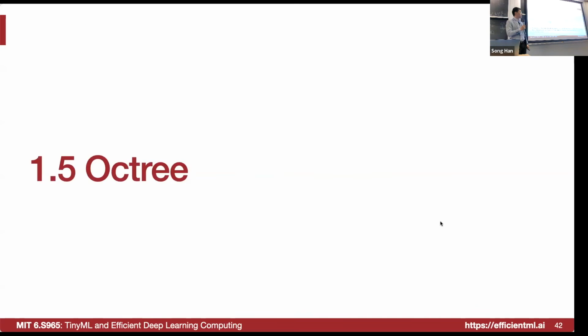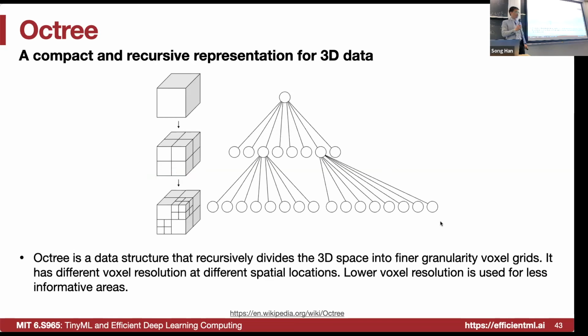Therefore, there's another way to make it more efficient, which is using the octree method. An octree basically divides a cube into 8 sub-components, and each component can further have its own children. We can use different granularity to represent different locations.